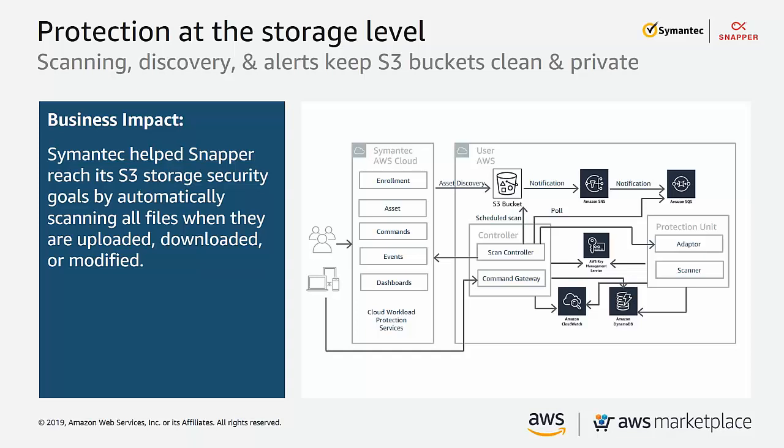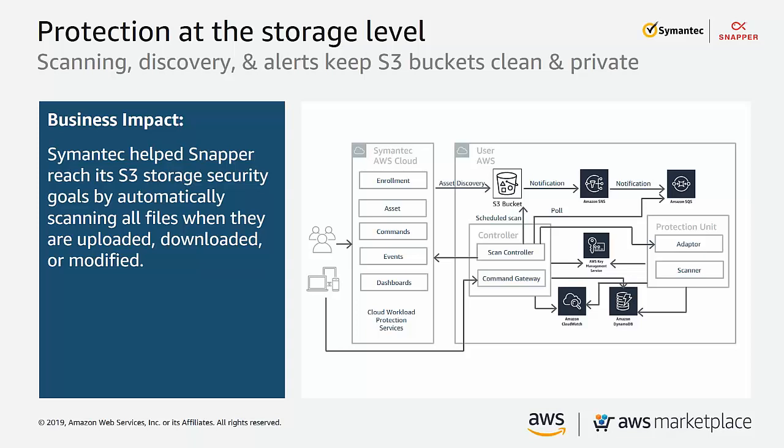Snapper solved this by using Symantec's Cloud Workload Protection for Storage, or CWP. Similar to things we've already talked about like Macie, it automatically discovers and scans S3 buckets, takes all the files, scans them using its anti-malware technologies, and then you're able to tag them to say, hey, we've scanned this and it's all good.